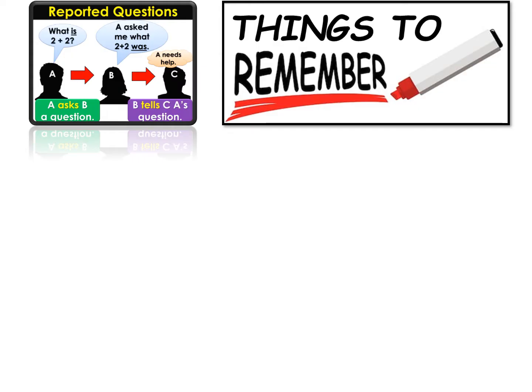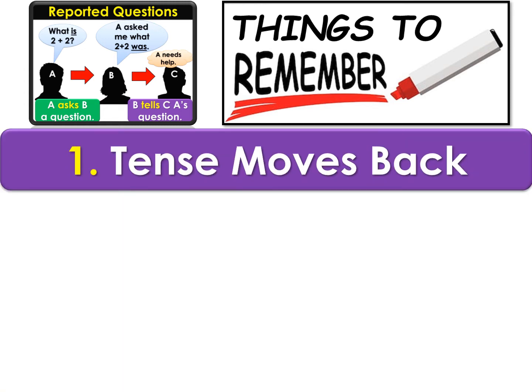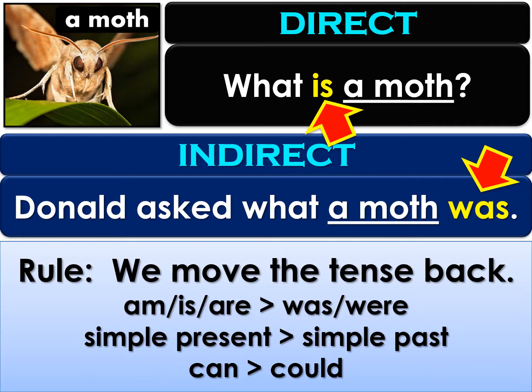Now, some things to remember when we're using reported questions. Number one, the tense moves back. So in the example I just showed you, what is 2 plus 2? A asked me what 2 plus 2 was. So is a present verb, and we have to move it back to the past. So here's another example of when we move the tense back. The question is, what is a moth?